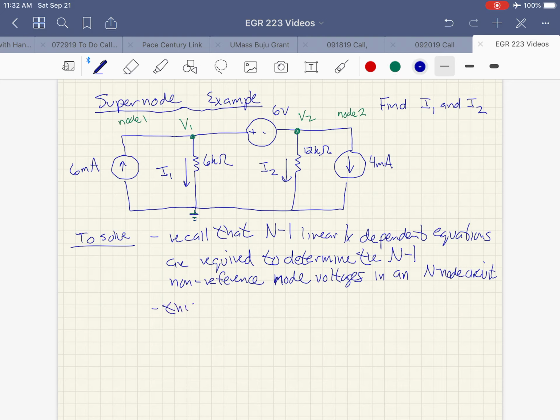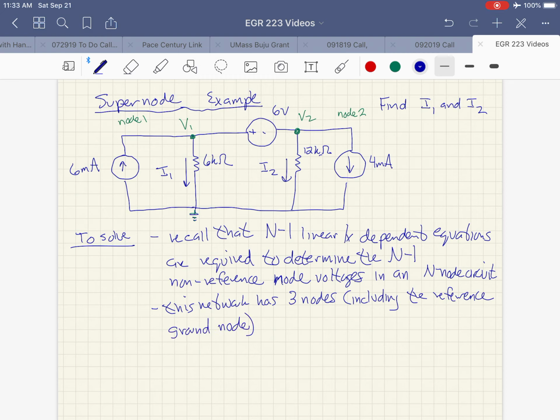Let's write a couple other things down here. This network has 3 nodes, and that's including the reference ground node.